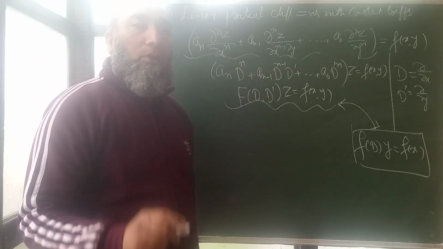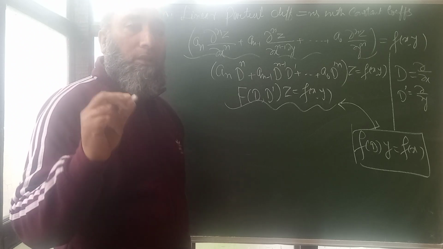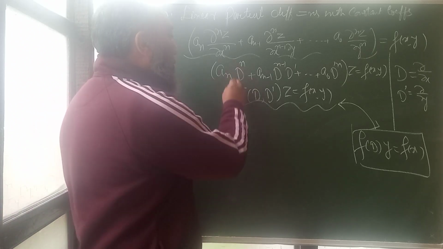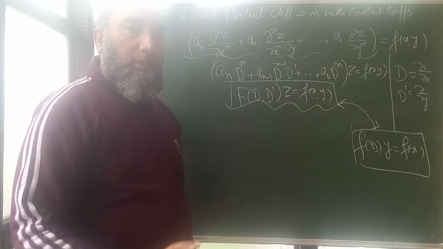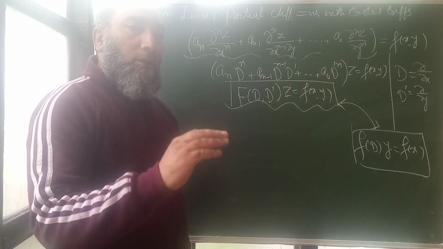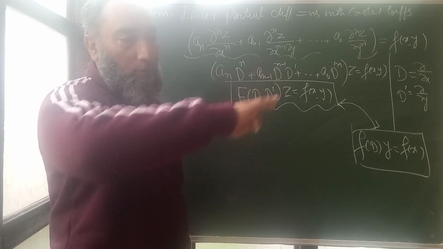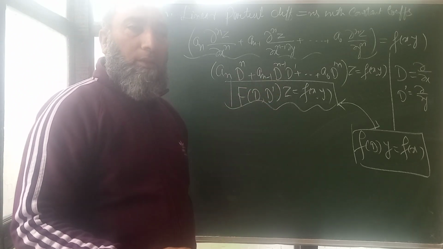Now let me tell you the working rule for finding the solution of this equation. The solution is the same. You have to find the complementary function and particular integral. Now how to solve that, how to arrive at that, let me tell you.